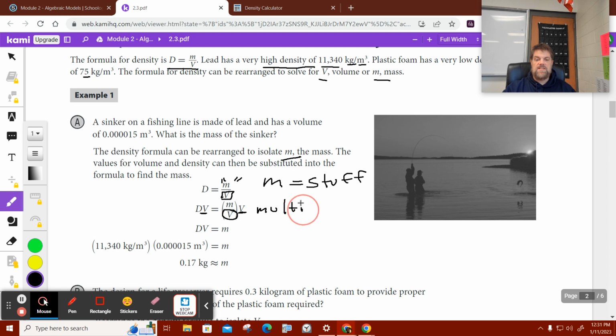You guys should be writing this down. Multiplication property of equality.